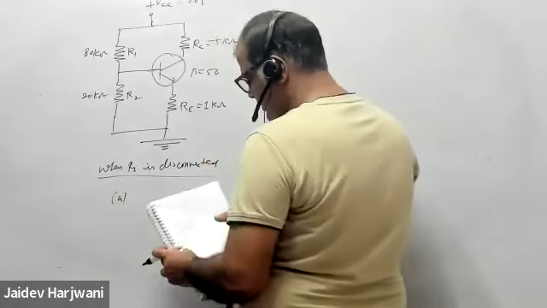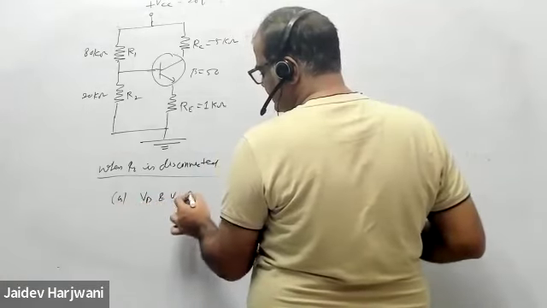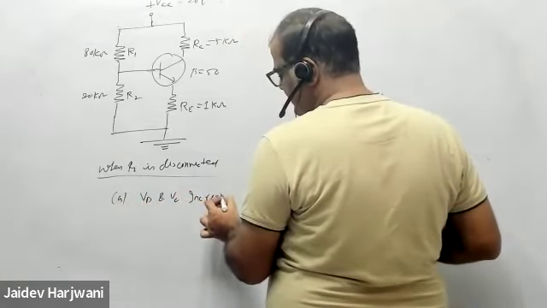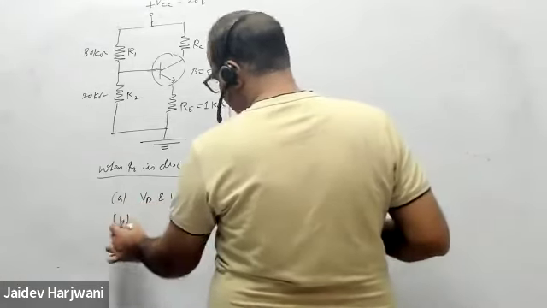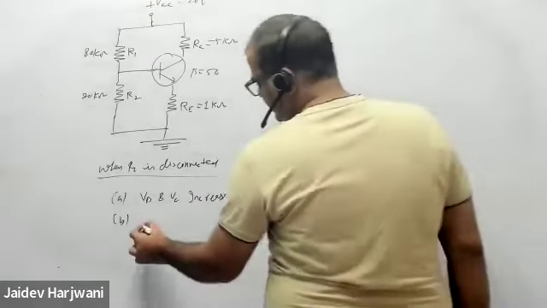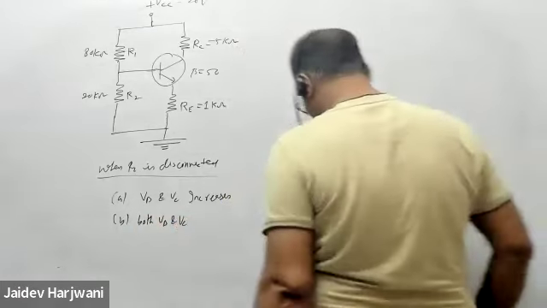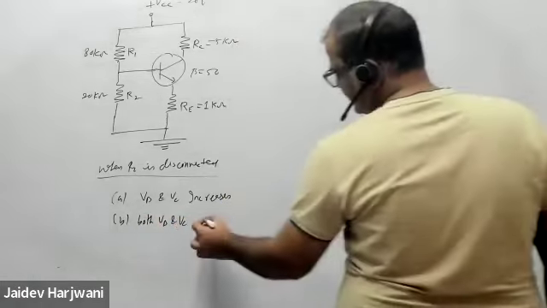Option A says VB and VC increases. Option B says both VB and VC decrease.